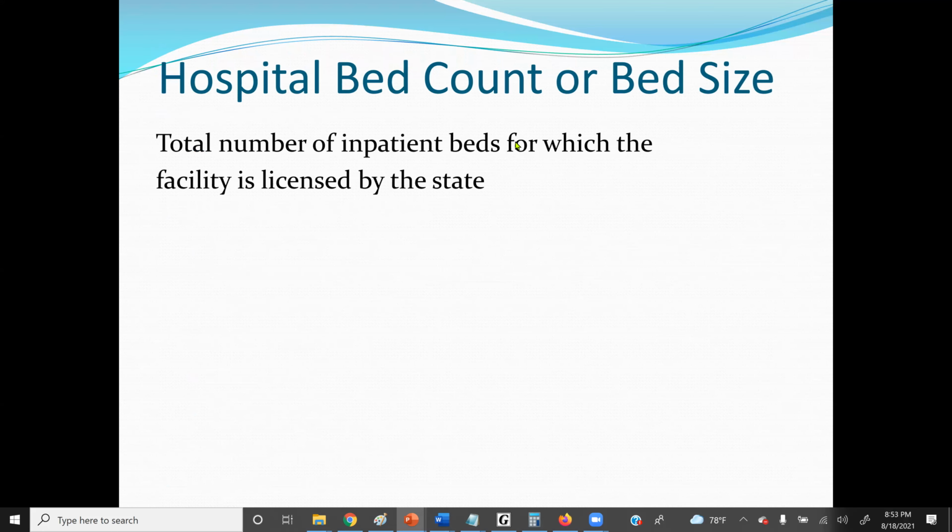Hospital bed count or bed size normally is the total number of inpatient beds for which a facility is licensed by the state. So we may have a hospital with a 100 bed size or 200. It depends on the license.